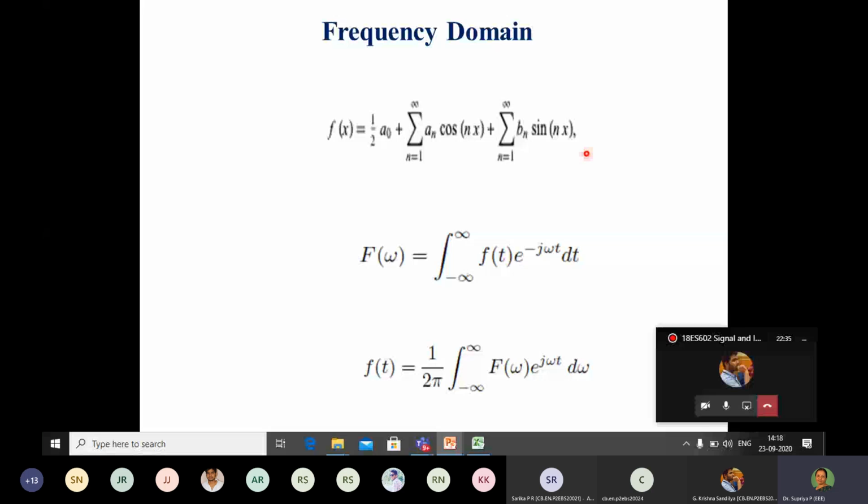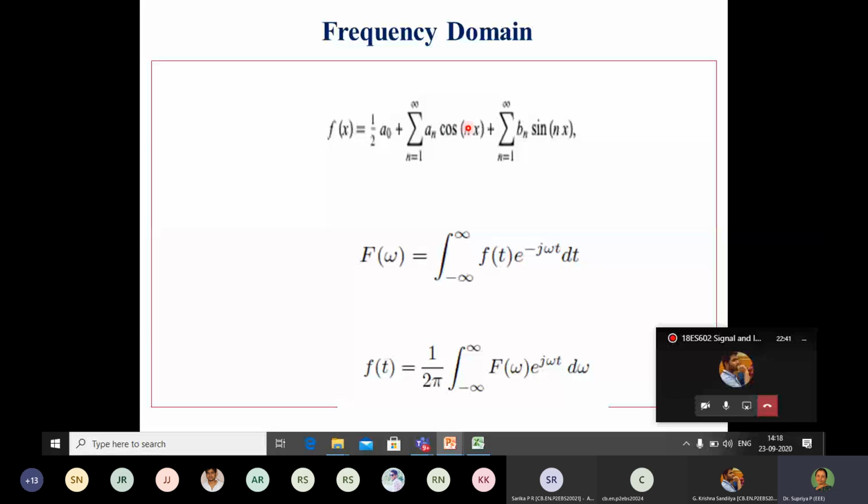And the next thing is another expression which we had called as Fourier transform. The Fourier transform is a step over the Fourier series because it helps us to understand the periodic signals which are generally analyzed in Fourier series, go a step further and could be analyzed better with Fourier transforms.